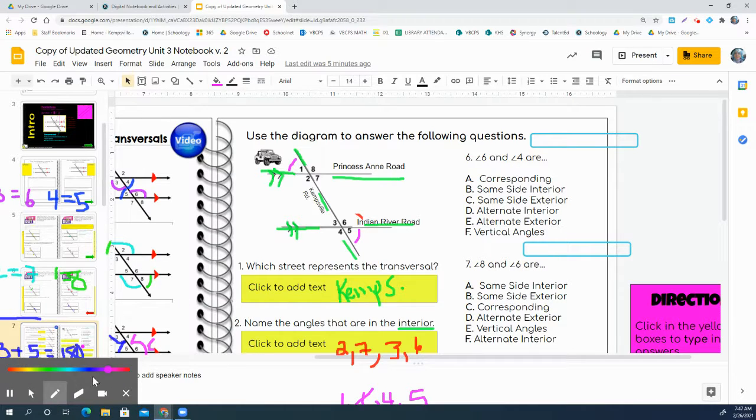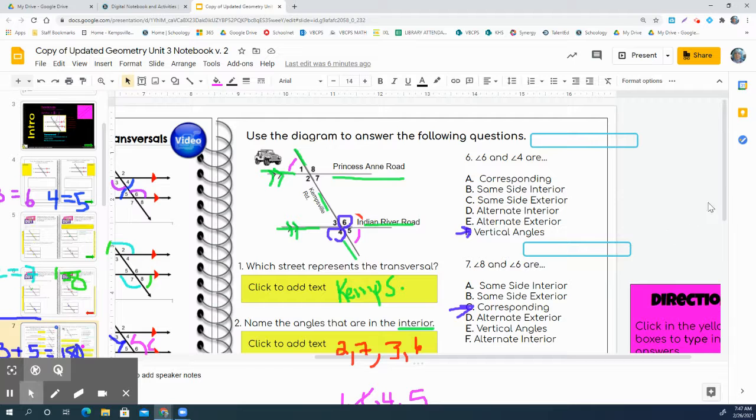What's the relationship between 4 and 6? They are vertical. So 4 and 6 are vertical. What about 6 and 8? Corresponding. I take the 6, that obtuse angle in the upper right-hand corner, and I just slide it up to the new intersection. This one's corresponding.